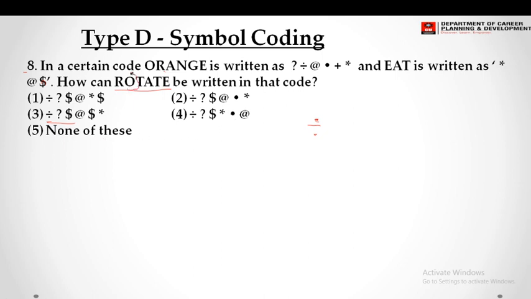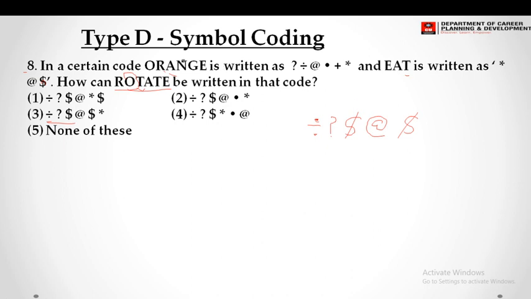So next one is O. Code of OD. O is first. First is question mark. O is question mark. Then T. T is the last digit in ET. T is dollar, the symbol of dollar. Next one is A. A is third. So third is at the rate. Next one is T again, which means the dollar symbol will be again.